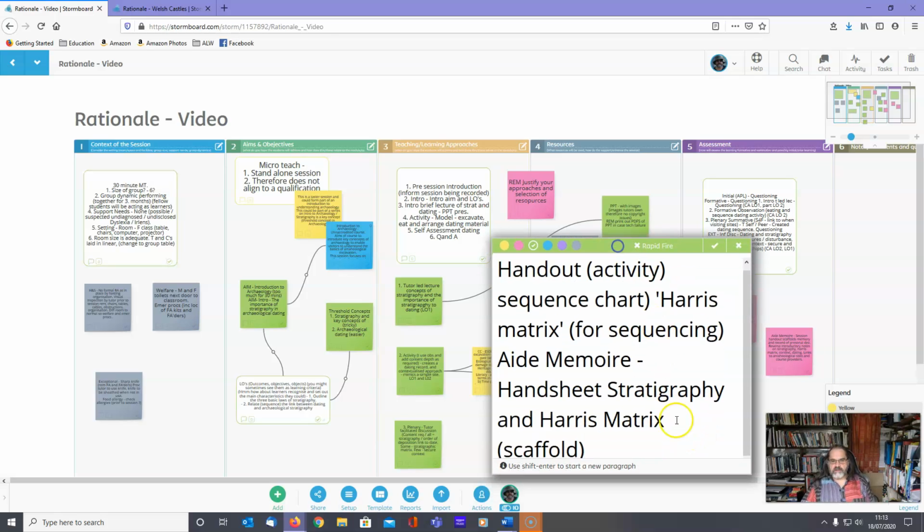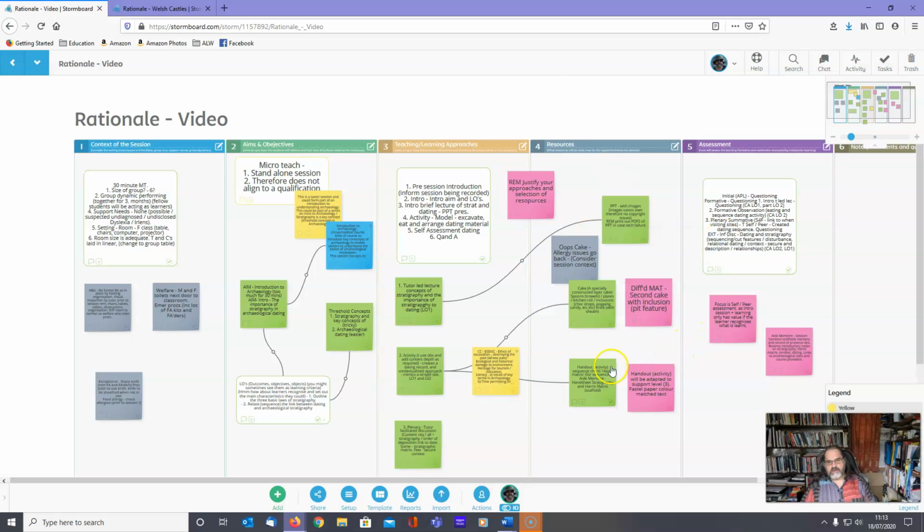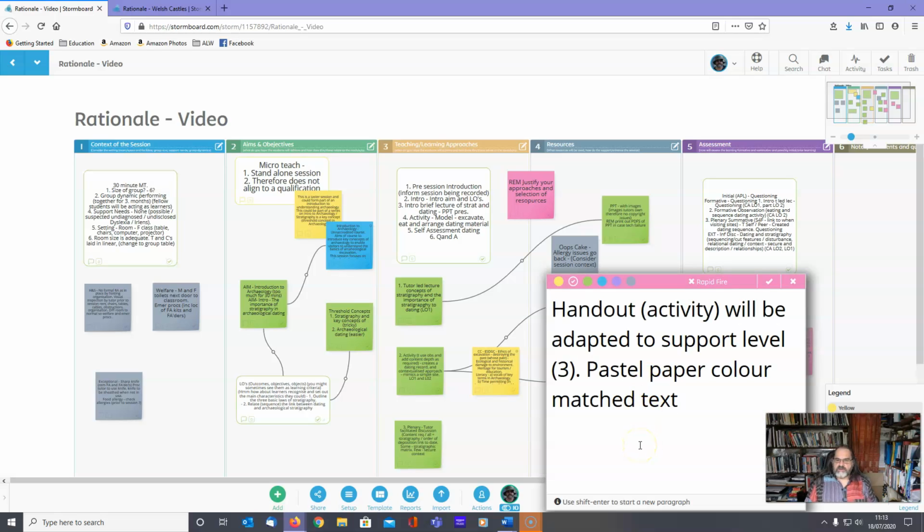It's also a scaffold, so it will help people remember what they've done and what they're doing as they go. This handout will be adapted to support level. I'm going to do 3 versions of it: a very blank one, some with a couple of clues on it, and some with a little bit more support, so that differentiates for ability.